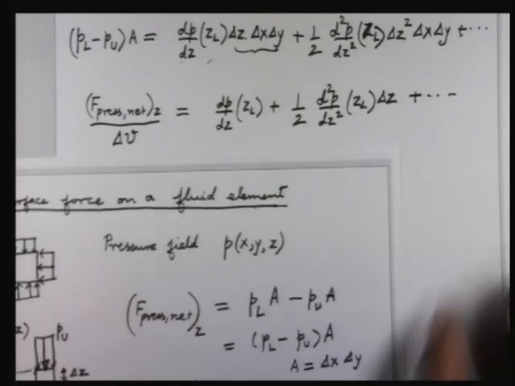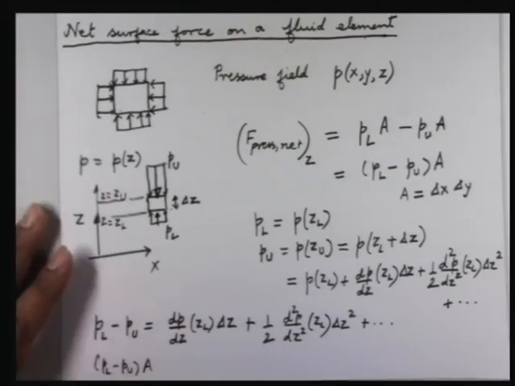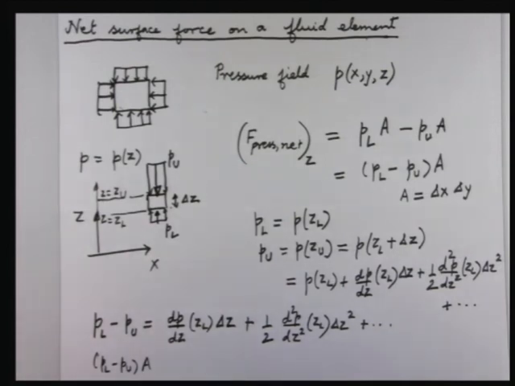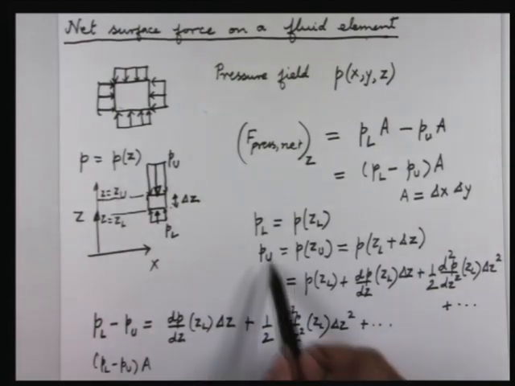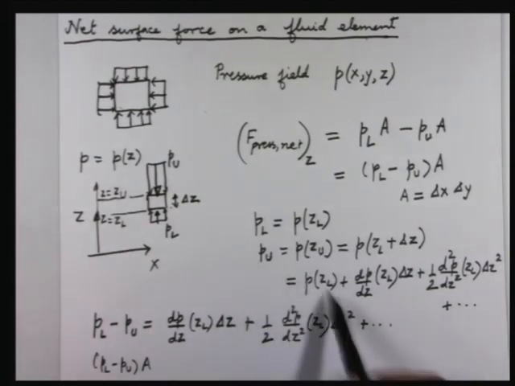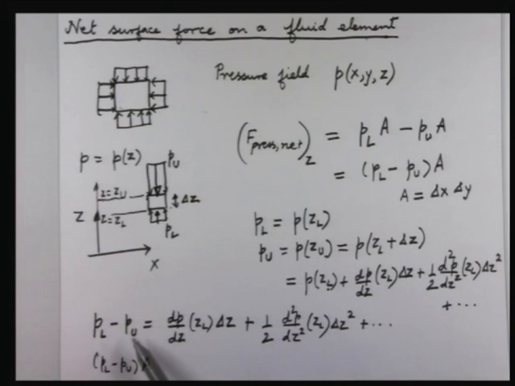Okay, now nobody said anything when I did it, but you come back over here and see that this was Pu and this was Pl. So the expression which I wrote here is not Pl minus Pu, but it is Pu minus Pl.